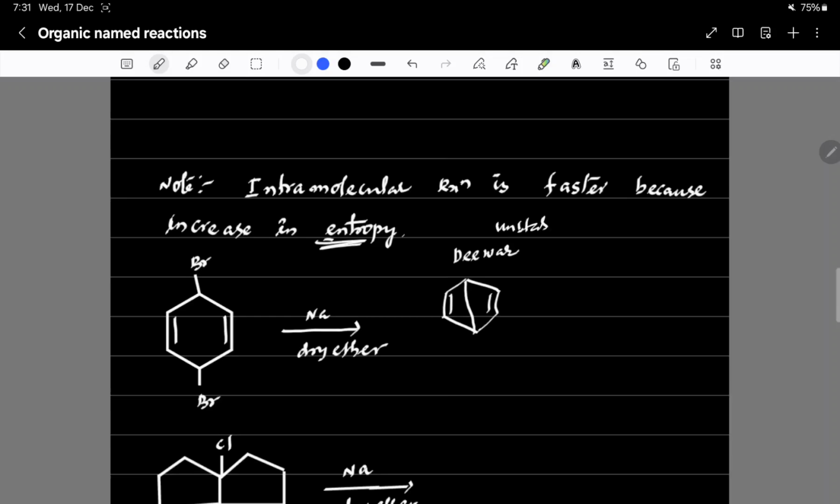This structure was given by the scientist Dewar. Then it can go for a rearrangement, the resonance process, and we will get Kekule benzene as the major product. So finally we get Kekule benzene. Kekule benzene is highly stable. This is the accepted model. The Dewar model is not accepted, it is highly unstable only.